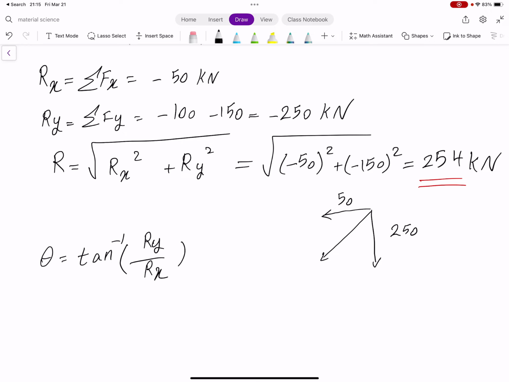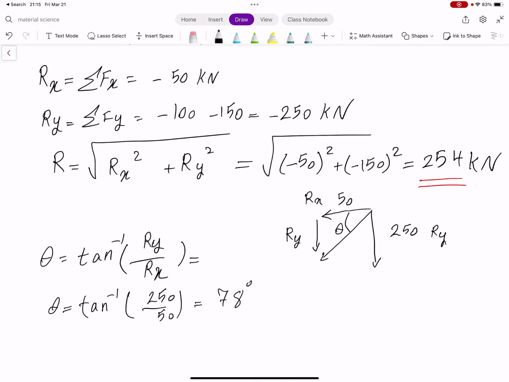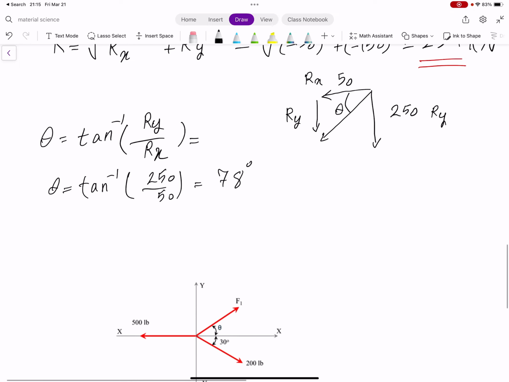This is Rx, this is Ry, and this is my angle. If you plug those numbers in, you have 250 divided by 50. That gives you 78 degrees. So this angle theta is 78 degrees.